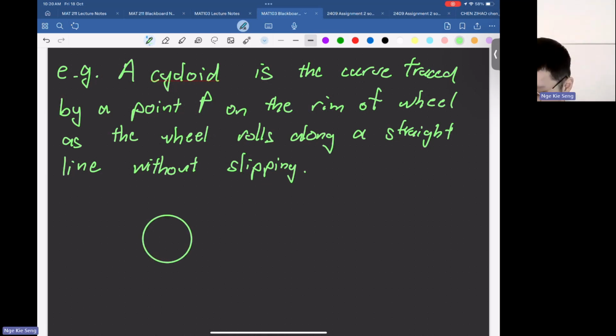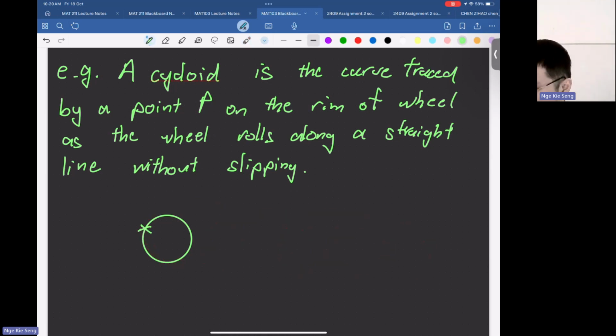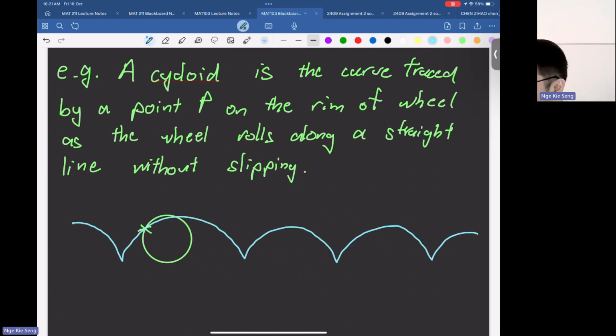If you try and draw this circle out, what can you see here? Imagine this circle rolls around like this. If you trace it out, you will get something like this. Not quite a circle, but maybe like an ellipse. Does it make sense?